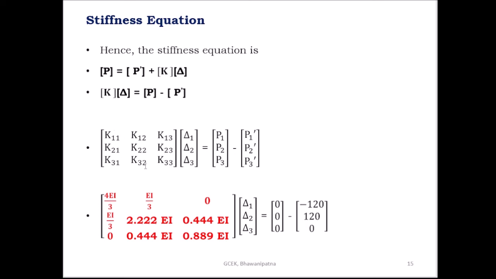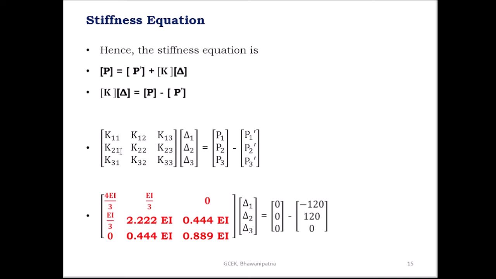So these 9 stiffness coefficients become the stiffness matrix. And this is the displacement matrix, column matrix. And these are the external forces acting at the coordinates, but in this case the external force is 0, and these are the forces due to the given loading.